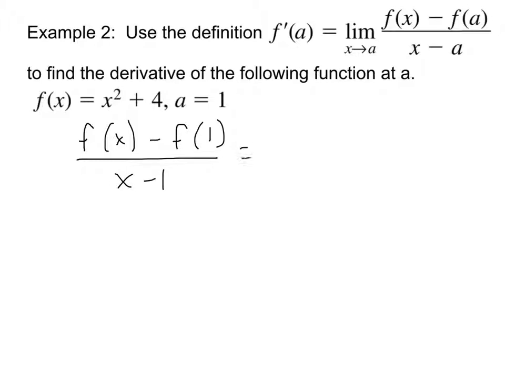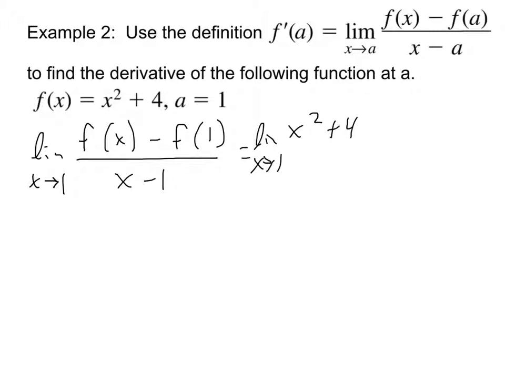So this would go to x squared plus 4. Oh, and this is the limit as x goes to 1. Same thing over here, limit as x goes to 1.